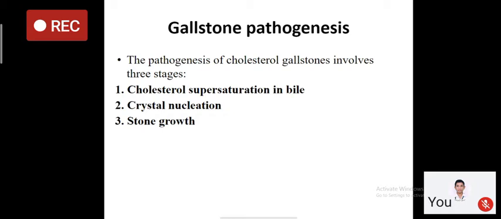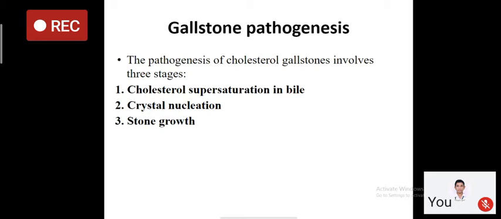Any condition which increases the cholesterol level, like fatty food or obesity, or a decrease in bile salt. What are the conditions in which there is a decrease in bile salt? Any liver pathology leads to decreased synthesis of bile salt.